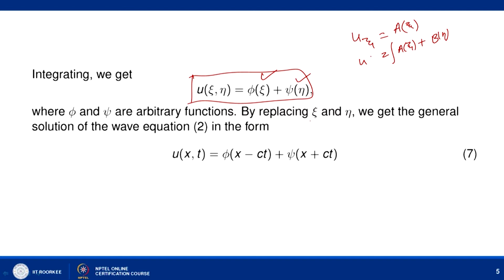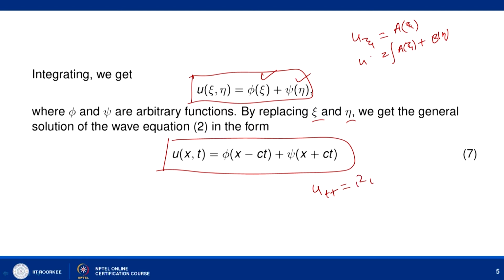Now by replacing xi and eta, because these are intermediate variables, we can write xi and eta in terms of x and t. In fact, we already know xi as x minus ct and eta as x plus ct. So we can write our solution u(x,t) as phi of x minus ct plus psi of x plus ct, for the equation u_tt equal to c square u_xx.